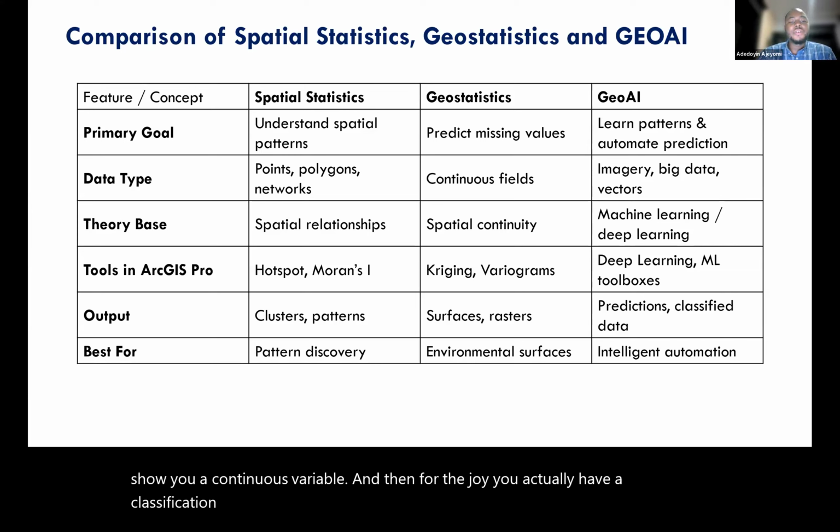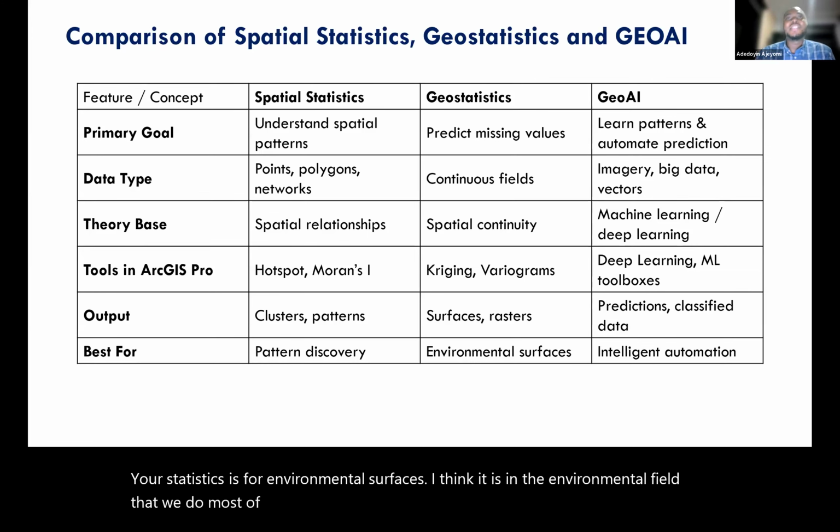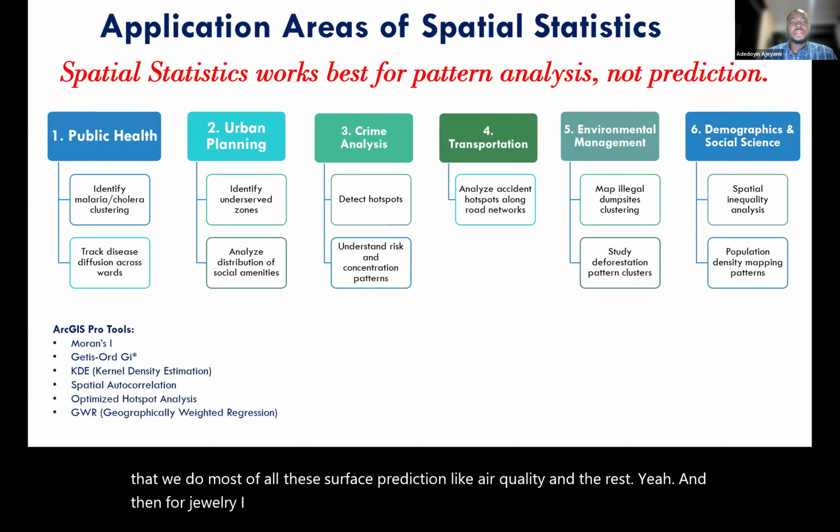So what are they best for? Spatial statistics for pattern discovery. You want to understand pattern. Geostatistics is for environmental surfaces. I think it's in the environmental field that we do most of this surface prediction, like air quality and the rest. And then GeoAI is for intelligent automation.